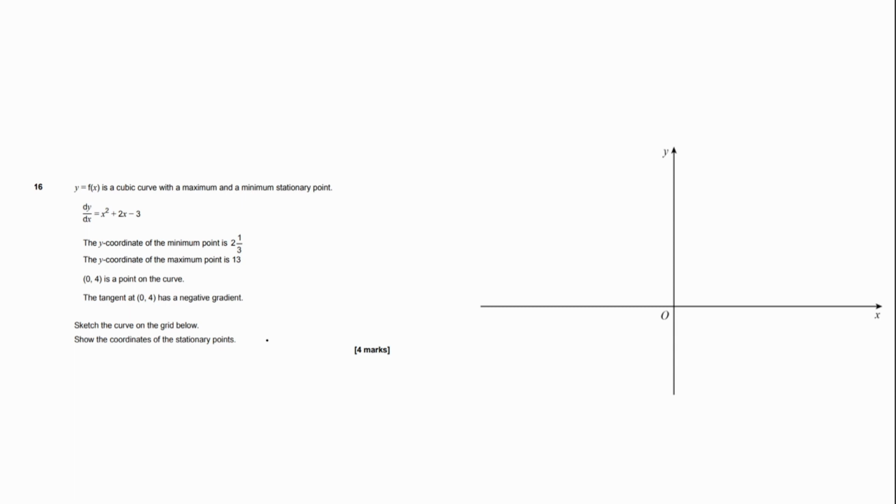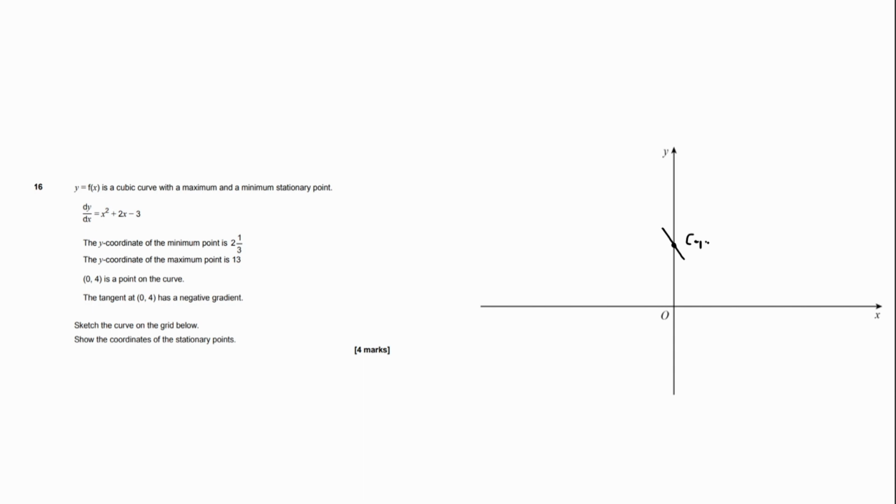Okay, here we have another question, question 16. We're given the differentiated form x squared plus 2x minus 3, and we're asked to sketch the curve on the grid below. Now, it's a cubic curve, so it must turn 2 times and has a minimum stationary point. So it says 0, 4. 0, 4 is somewhere there, has a negative gradient, so it goes like that.